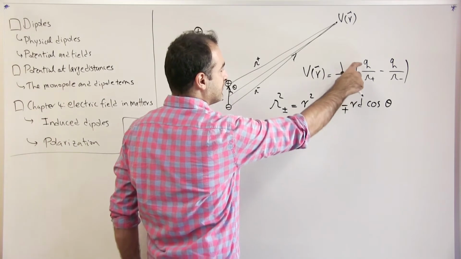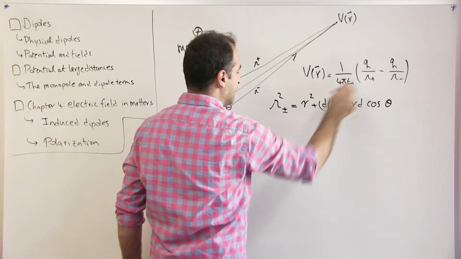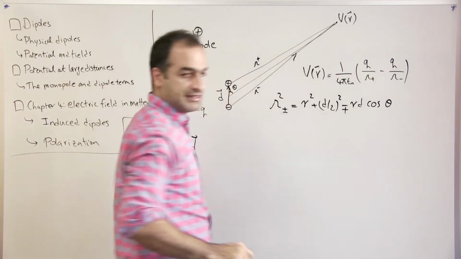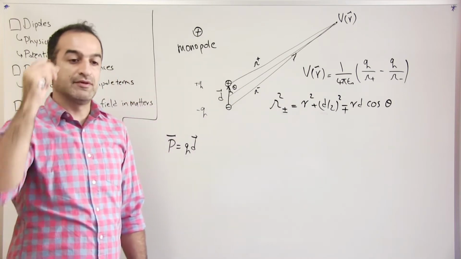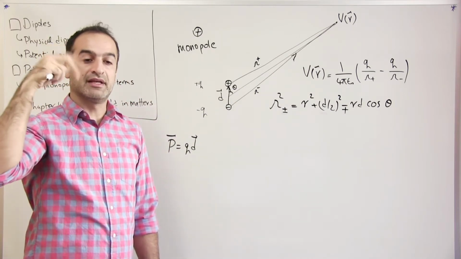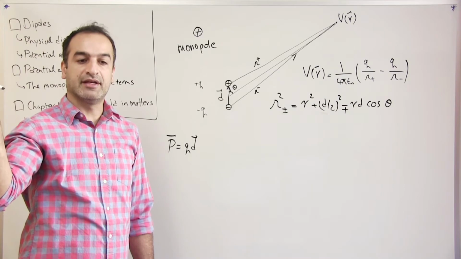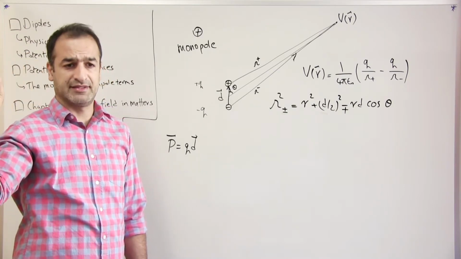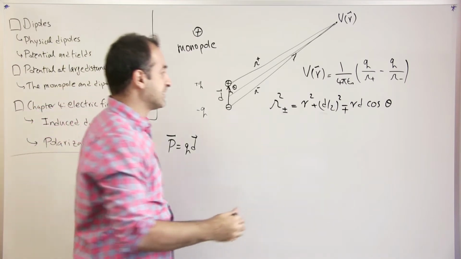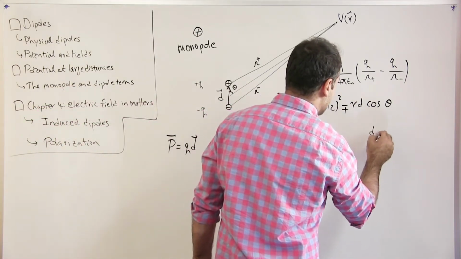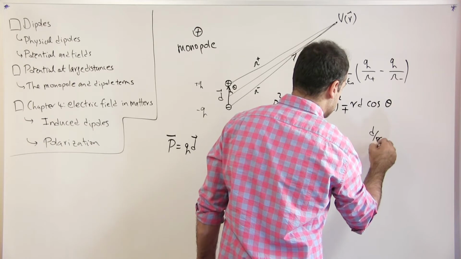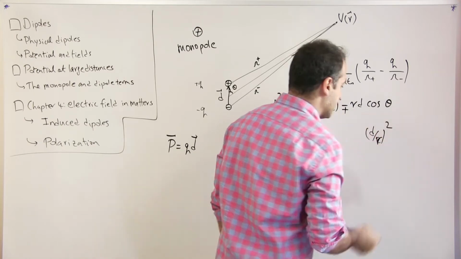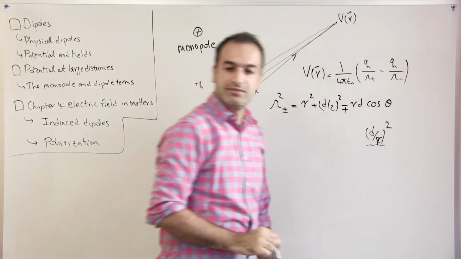I'm going to look at 1 over R plus and 1 over R minus, and see how we can approximate that. By approximation, I mean we're going to make a Taylor expansion and keep the first term and the second term. Any term that contains D over R to the power of 2, I want to assume is way too small and drop that.